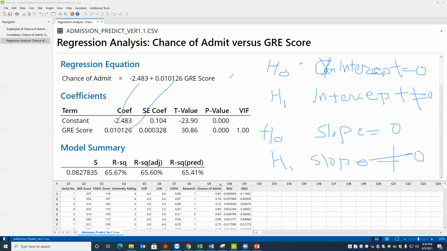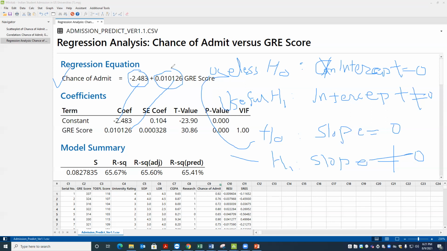Or in other words, I can say this is useless and this is useful. Similarly, this is useless, this is useful. So now we would like to check in this model whether the intercept is useful or useless, whether the slope is useful or useless.